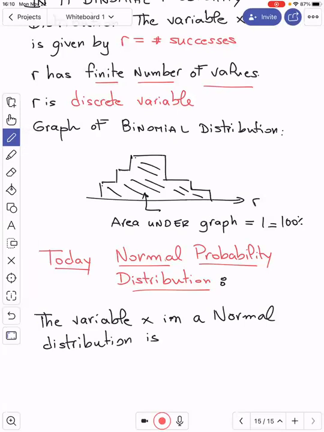Continuous means that X has an infinite number of possible values, not a finite number of values.